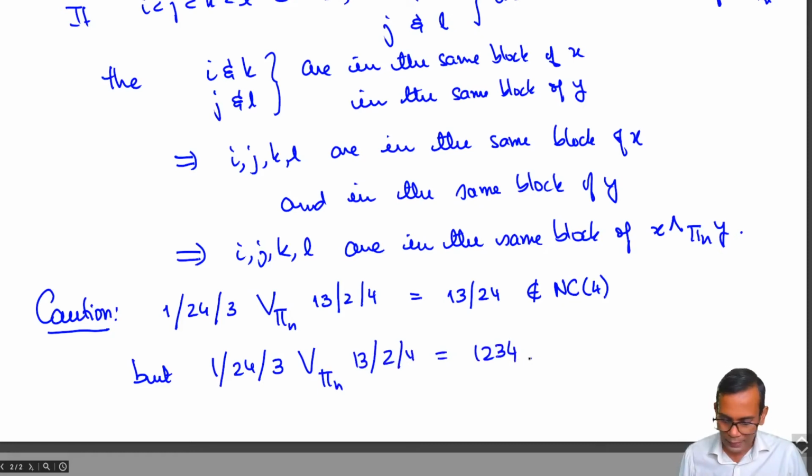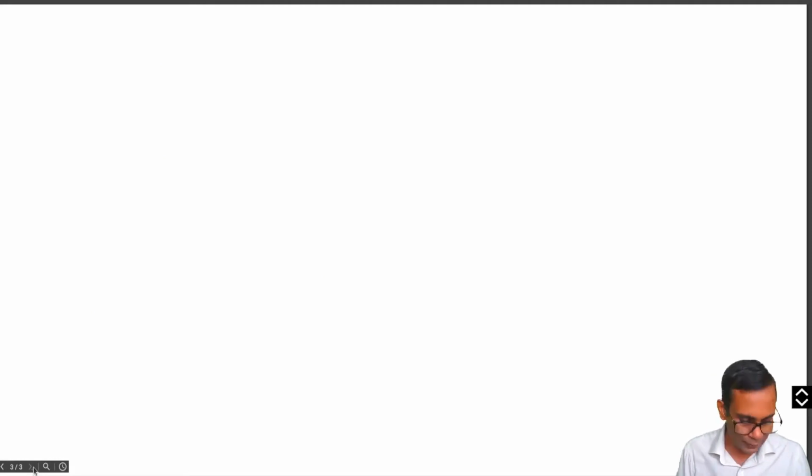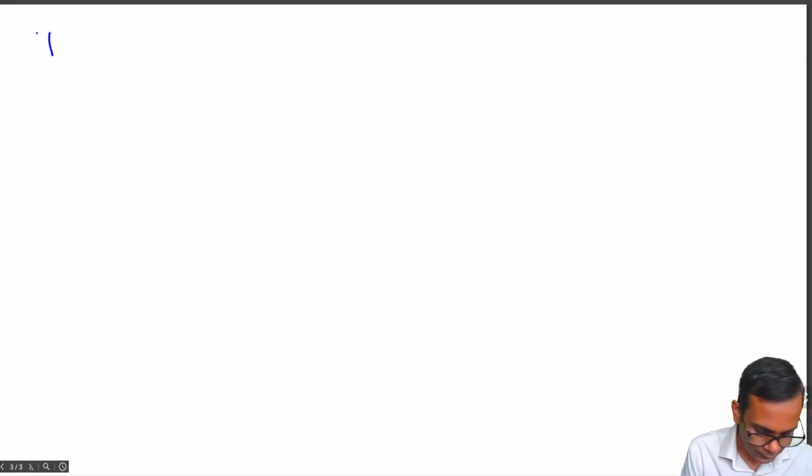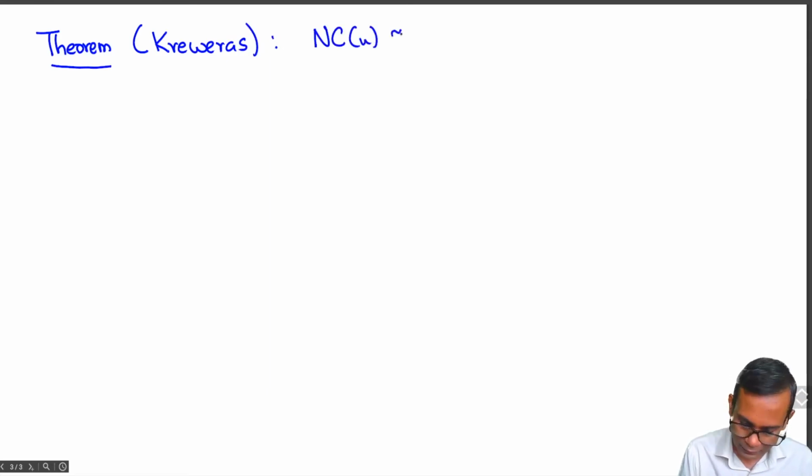Now, there's another nice thing about non-crossing partitions which makes it slightly nicer than the lattice of all set partitions, and this is a beautiful theorem of Kreweras's, which says that the lattice or the poset of non-crossing partitions is isomorphic to its opposite poset.